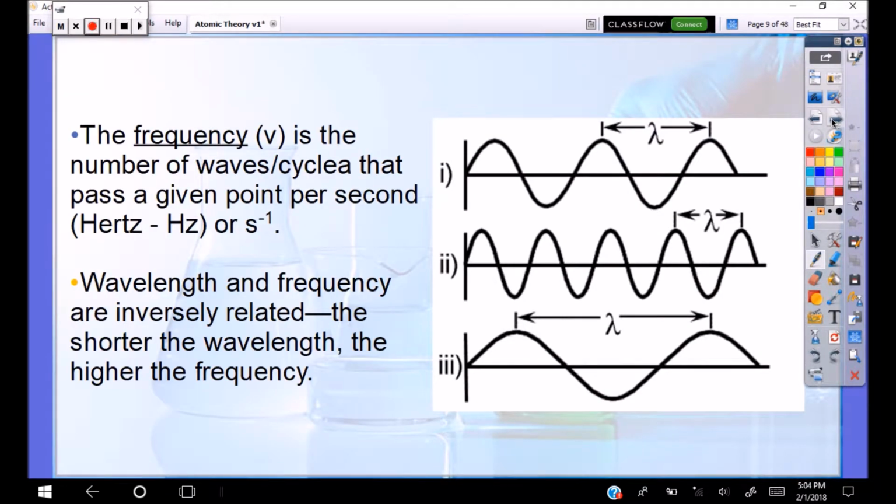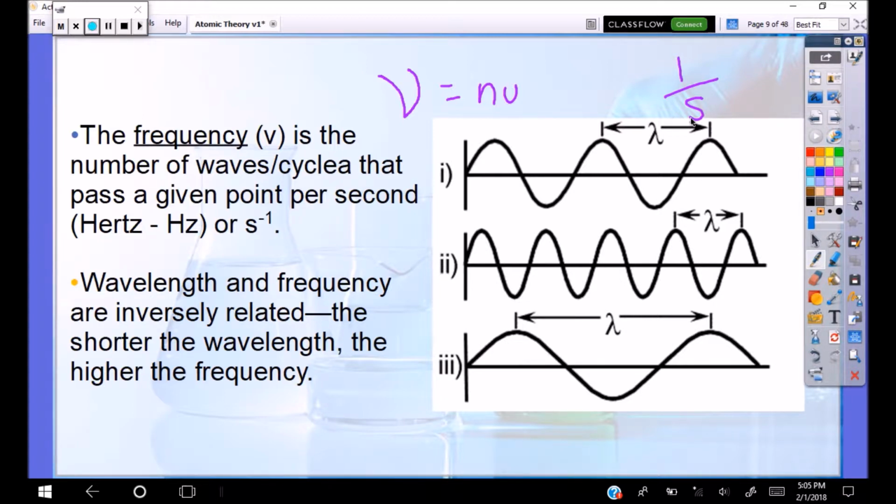We also have the frequency. Frequency, I know it looks like a V here. It's actually represented by the Greek letter nu. So this is nu. It's kind of like a curvy V. It is the number of waves in a cycle that pass a given point per second. So they're measured in hertz or seconds to the -1. Seconds to the -1, that's the same as saying 1 over seconds, or your number of cycles over seconds.